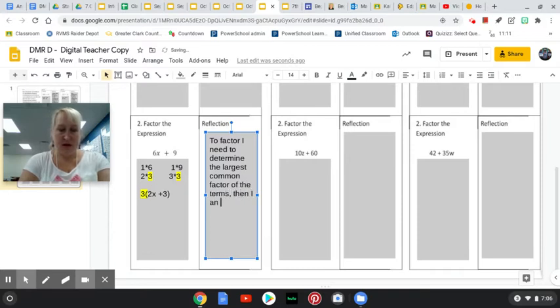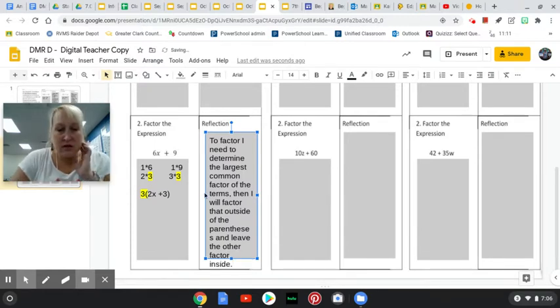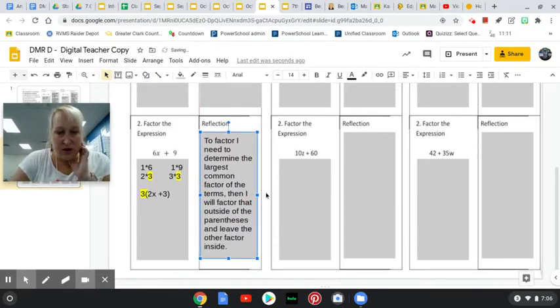Then I will factor that outside of the parentheses and leave the other factor inside. So that is our DMR D number 3.